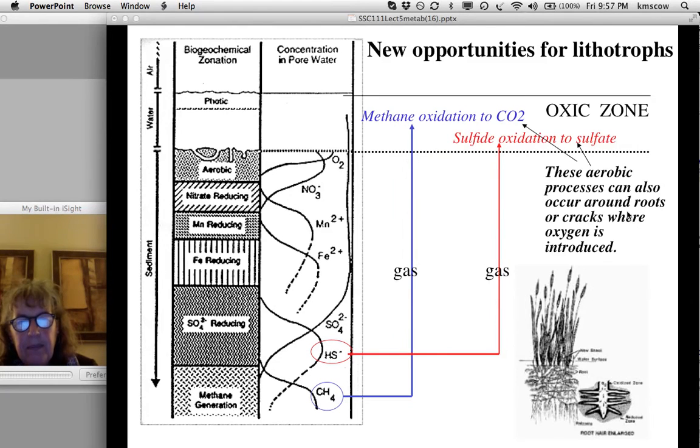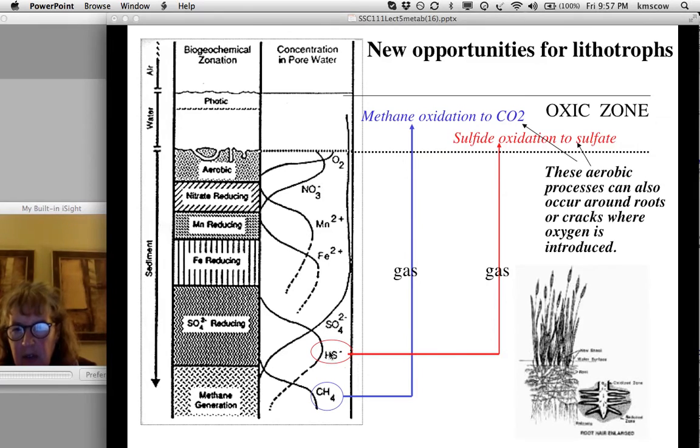Okay, also you can see this kind of thing happening in plants that pump oxygen down into the flooded soil, below ground, like rice. I can't remember what they're called, but some of these plants, not all plants, pump oxygen below ground.